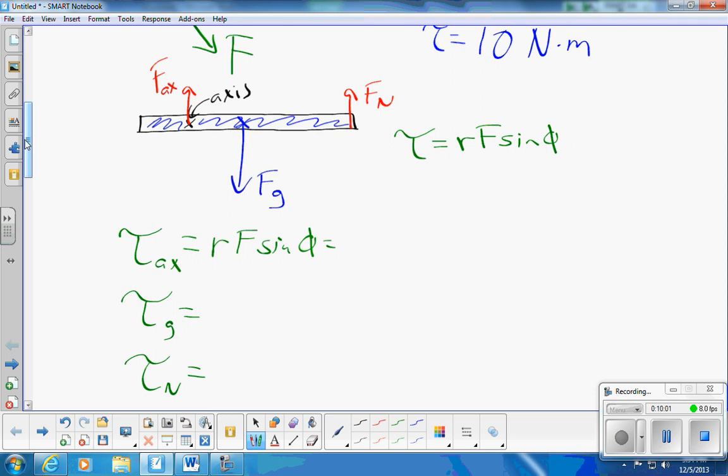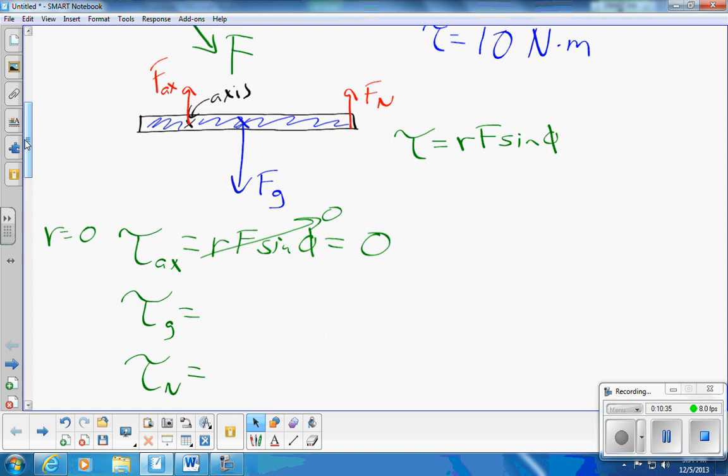This force is applied at the axis of rotation. So r is equal to 0, and the torque created by the force is 0. So the force exerted by the pin on that stick, exerted at the axis, creates no torque. There's a force there, but it doesn't create a torque because r is equal to 0. Okay, next, the gravitational force.